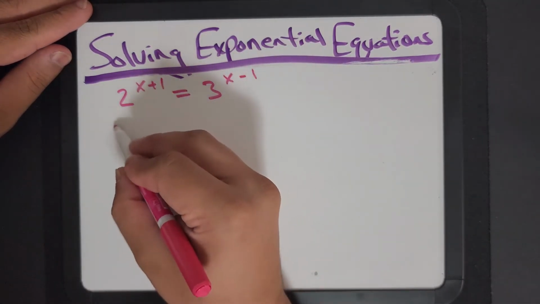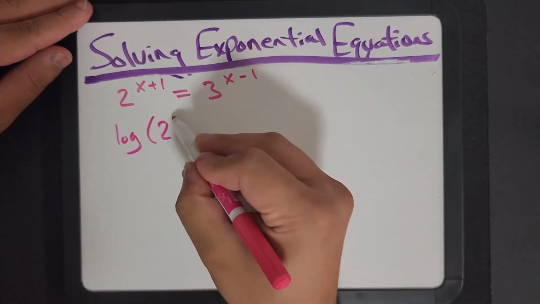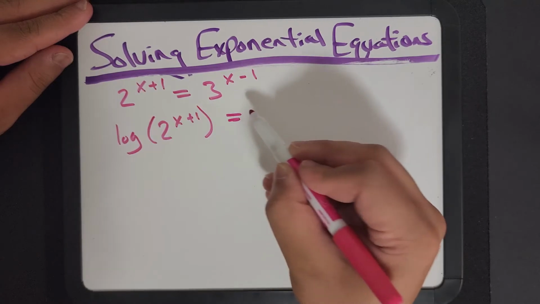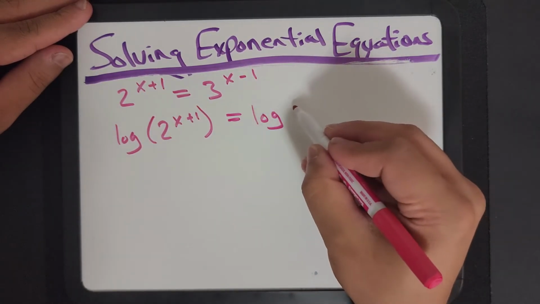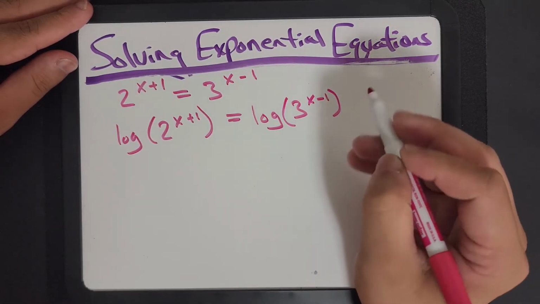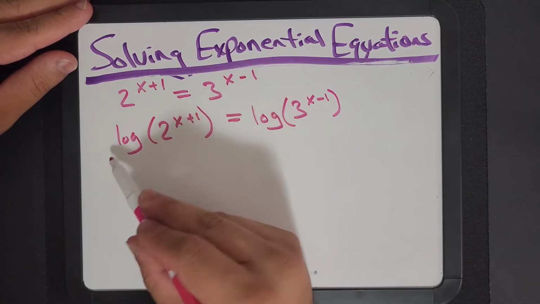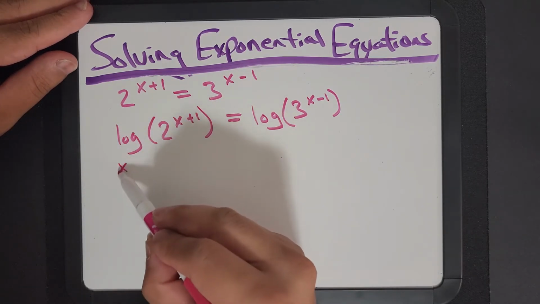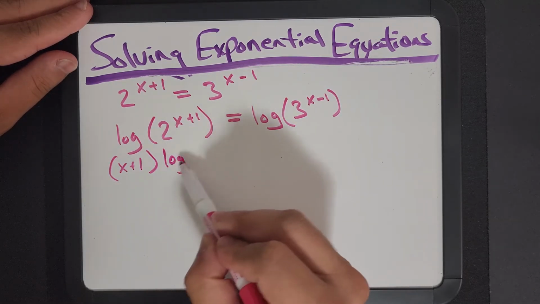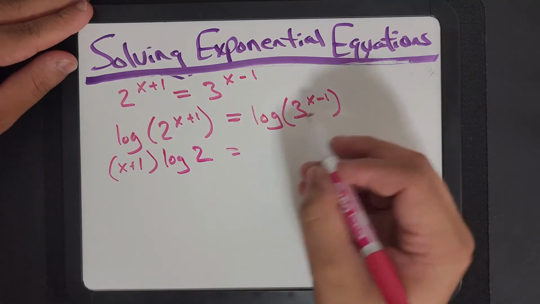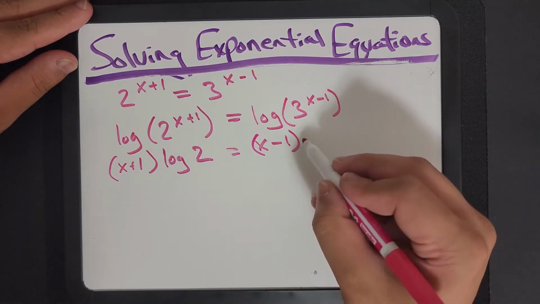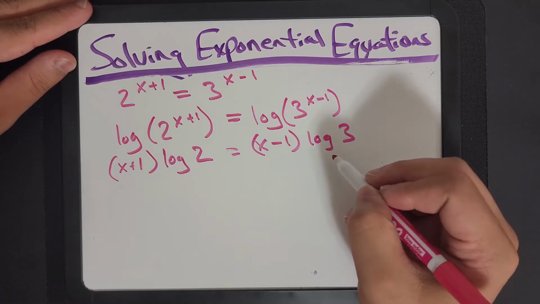So let's start by taking the log of both sides because I want to bring these exponents out to play. So, using the power rule, I'm going to bring this x plus 1 out here. So I should be left with log 2, and same on this side, x minus 1. I should be left with a log 3.